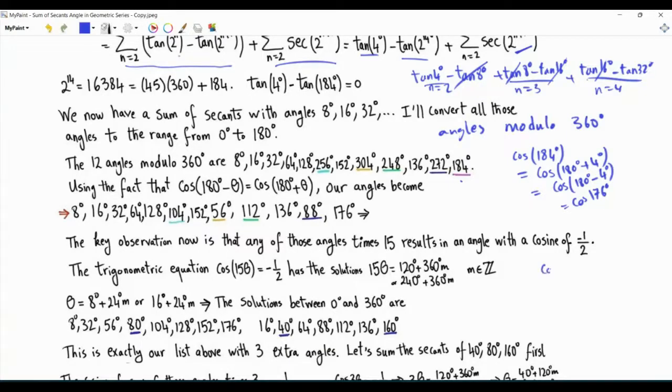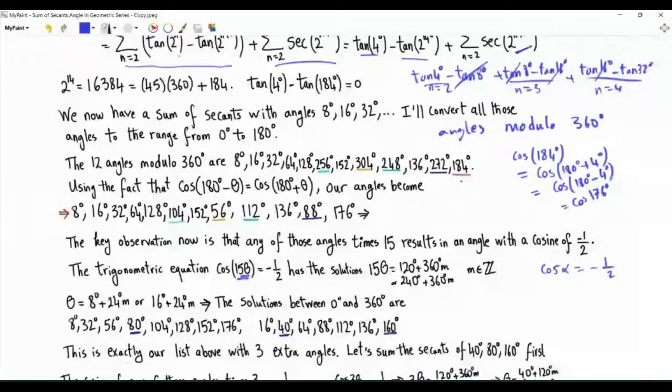And so if you have cosine alpha equal to -1/2, then what are the solutions? Then alpha is 120 degrees plus integer multiples of 360, or 240 degrees plus integer multiples of 360. So we have 15 theta in the form of 120 degrees plus integer multiples of 360 degrees, or 240 degrees plus integer multiples of 360 degrees. Now divide both sides by 15.